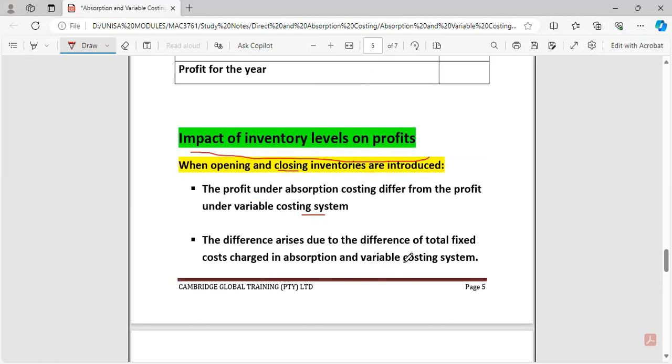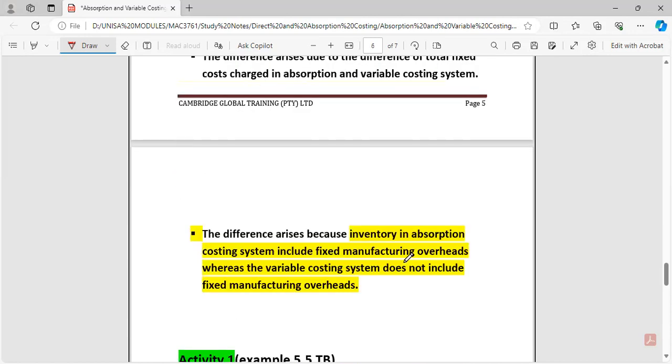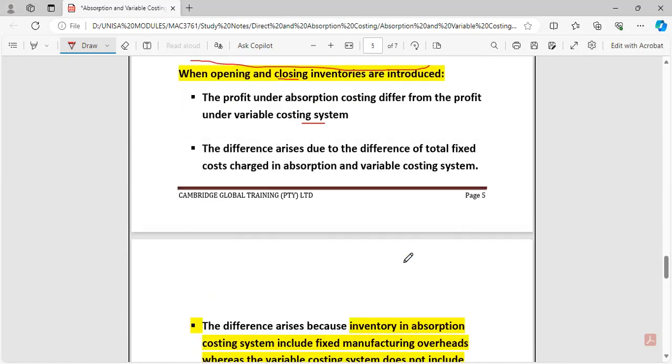Right, I will illustrate with a small example. So what they are saying here, when they say the difference arises due to the difference of total fixed cost charged in absorption costing, you will see that when you are doing your direct costing, let me just say direct costing, then absorption.